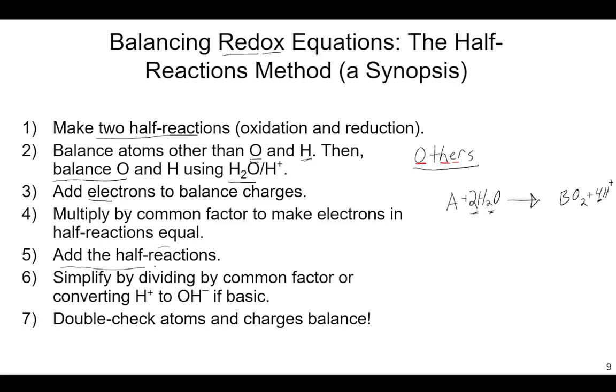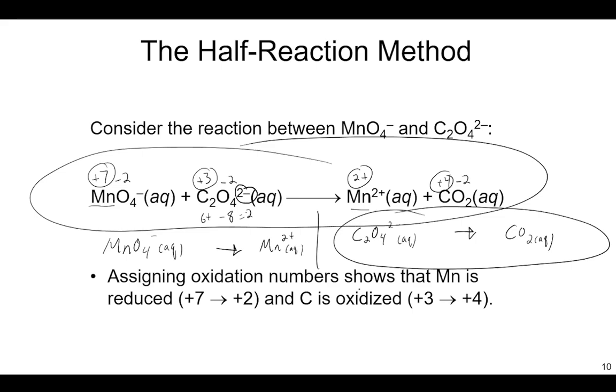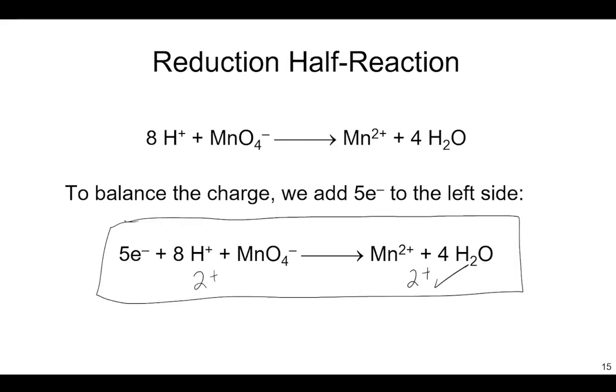Okay, so we added the half reactions back together. We don't need to divide by a common factor because there is none. But let's now double check atoms and charges to balance. Okay, there's this other small thing here I'm ignoring for the time being. I'll discuss in a second, but let's just double check and do this last step here that all of our atoms and charges balance.